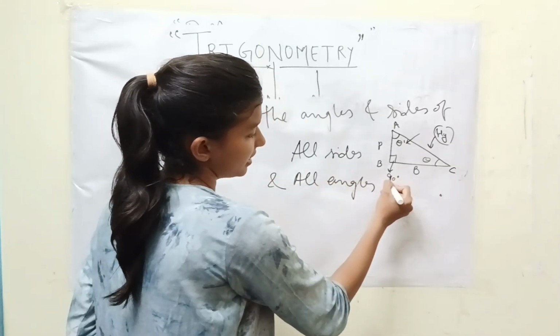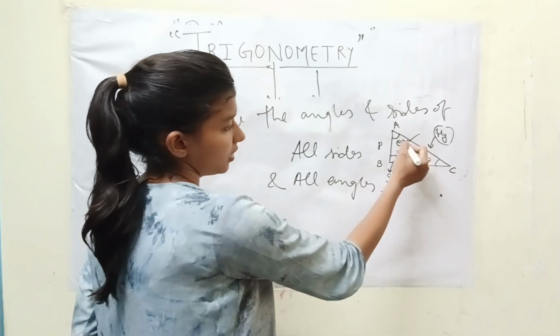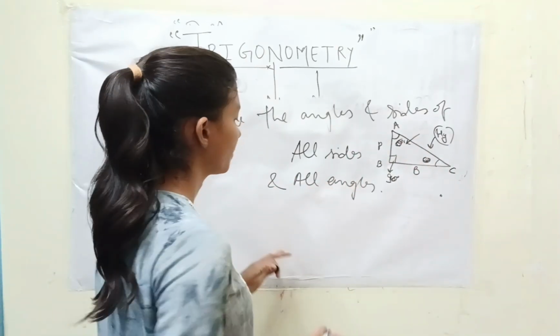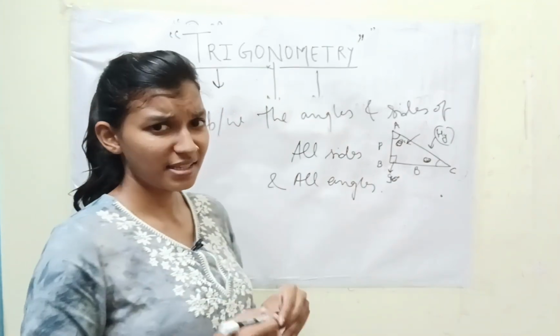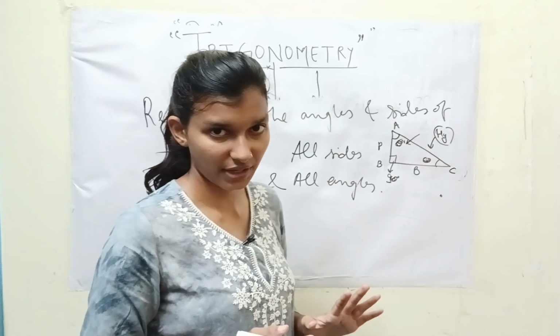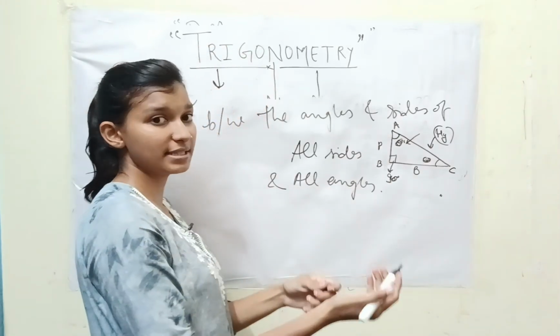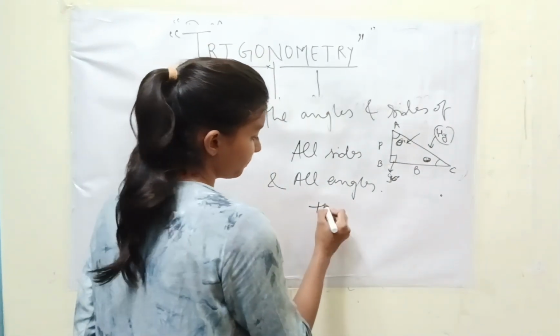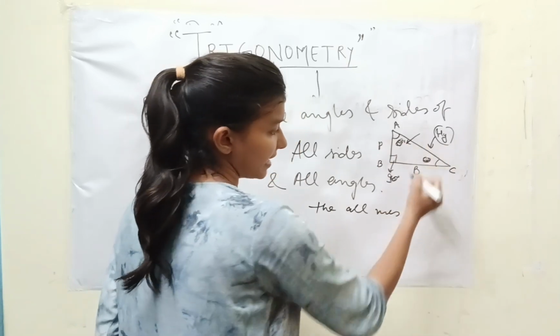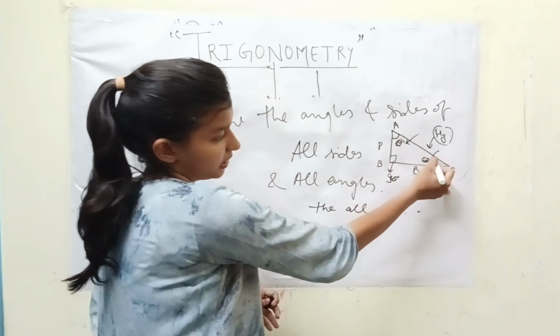As one angle is already known, we can talk about the other two acute angles. Here we just require one angle and one side of any right angle triangle. And trigonometry will give us all the measurements of the triangle, like all sides and the other angle.